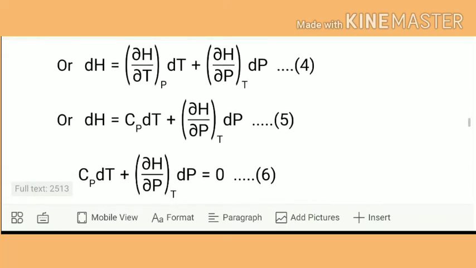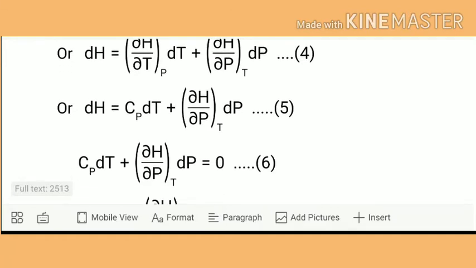Because this process is an isenthalpic process, as I have already proved that del H is equal to 0, dH is also 0. So we get equation number 6.